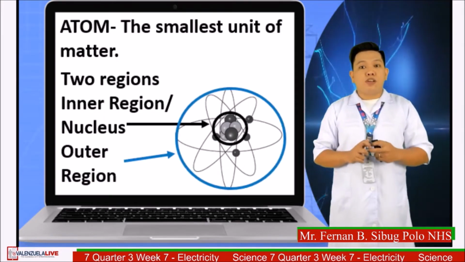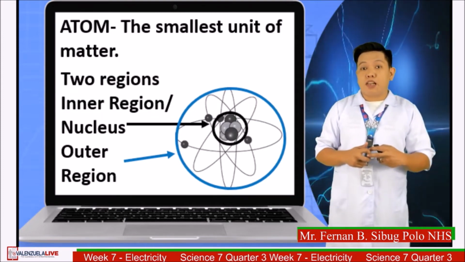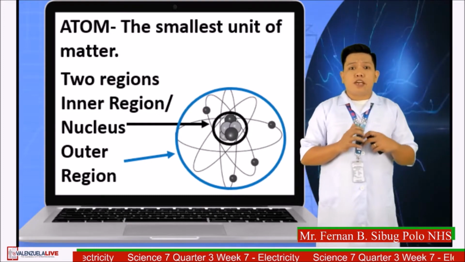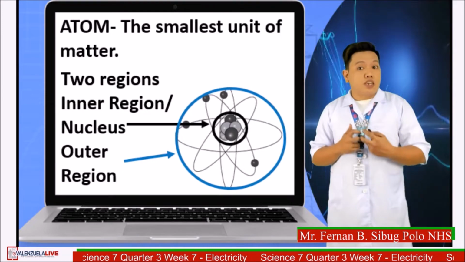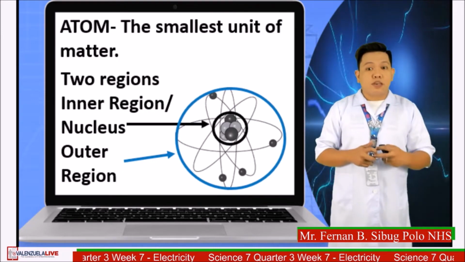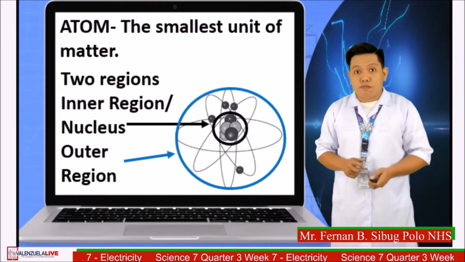The outer region of an atom holds the electron, a negatively charged particle that revolves around the nucleus. Materials that are made up of atoms are neutral or have no charge. This is because the number of protons and electrons are the same. Therefore, the atom is said to be neutral.